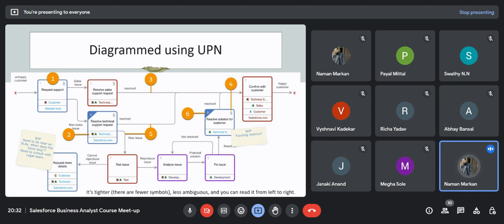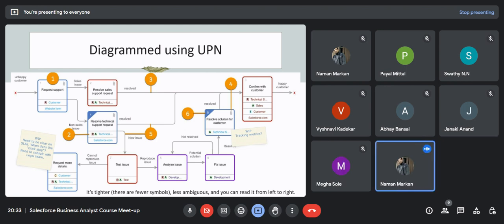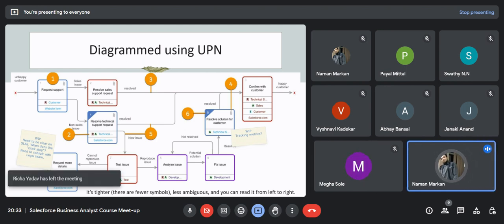The first thing you need to notice is who, and the next thing you need to understand is what, right? So on the first one, you can see that the support agent has a certain request. And on the third, you can see that these are the people who are responsible and accountable for this particular activity.